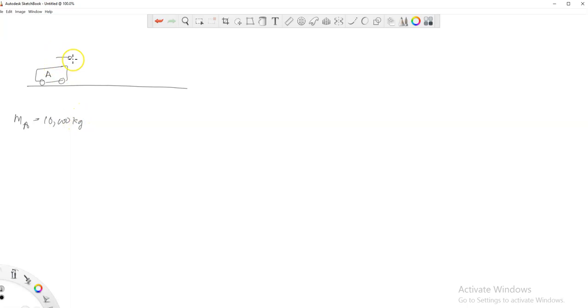It's moving at a speed of, let's say, 25 meters per second, and we have another identical one here. It's not moving, it's at rest. This is B, same mass, so A and B both 10,000 kilograms.